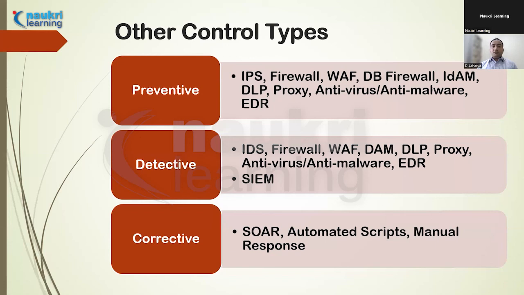SOAR is a concept that helps in automating the security response, and it takes a lot of load from security analysts and other engineering teams in responding to cyber attacks. Then we have automated scripts as well as manual response methods, which have traditionally been used across network operations center and security operations center setups.